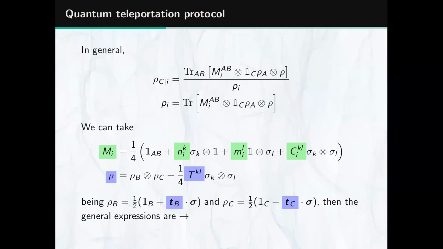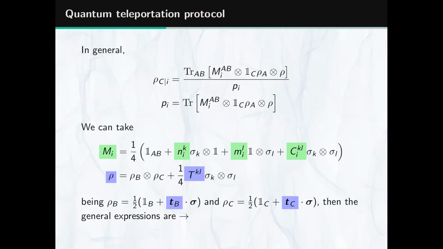Okay. And those green and blue are fixed, or you will optimize over them? For the moment, they are fixed. The question is, what happens with the conditional state if you make this measurement? So you have a fixed measurement.